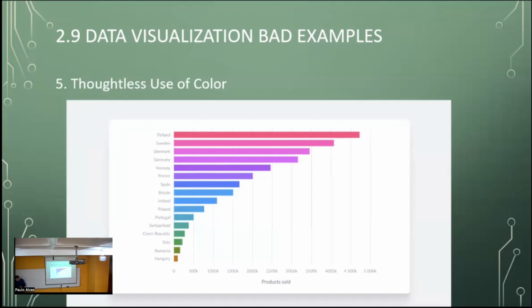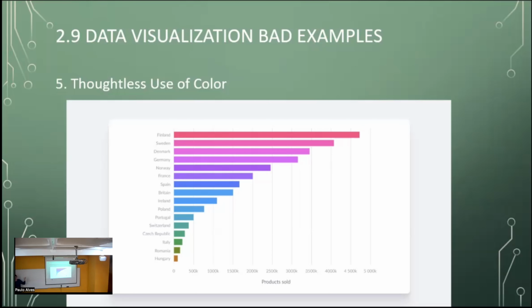Another bad example, use of color. So here you see a palette of colors from red to orange, more or less, but the color doesn't have a meaning. Why are we using that? Okay.